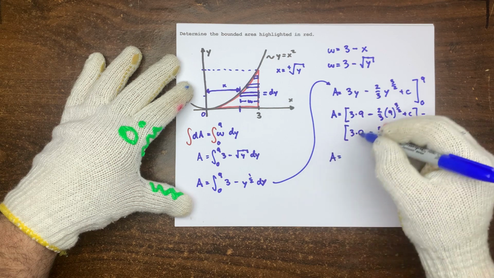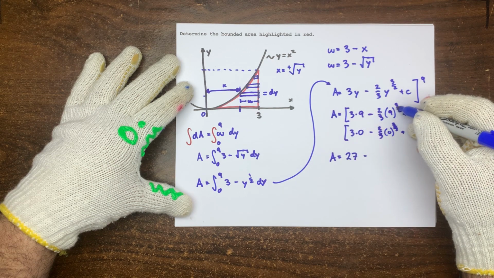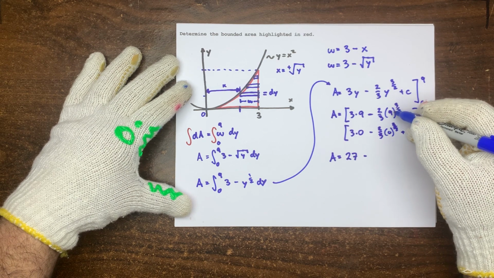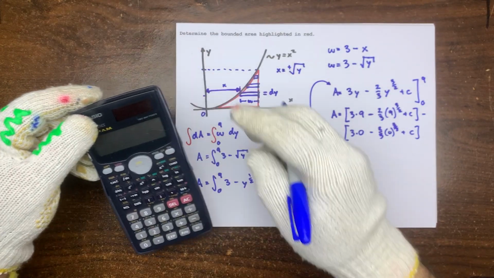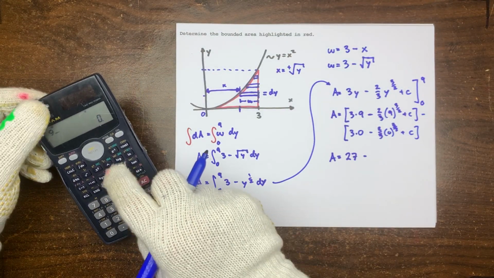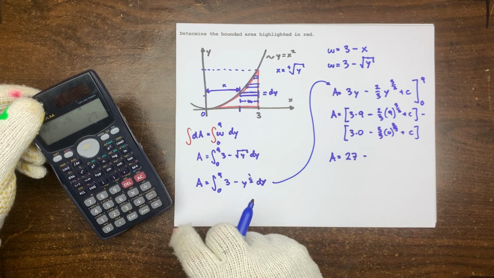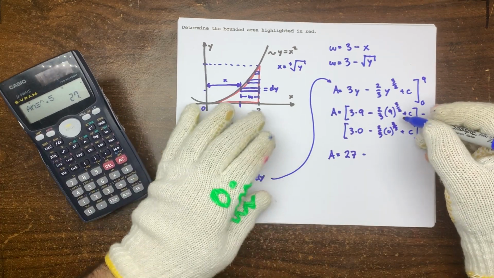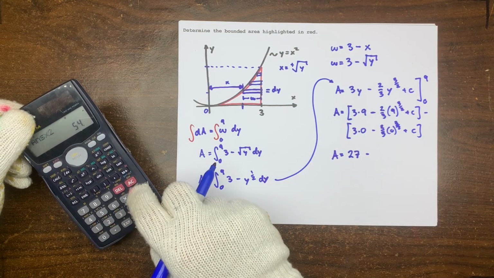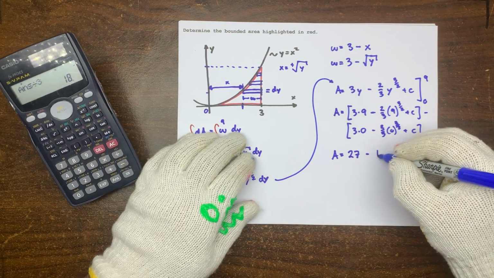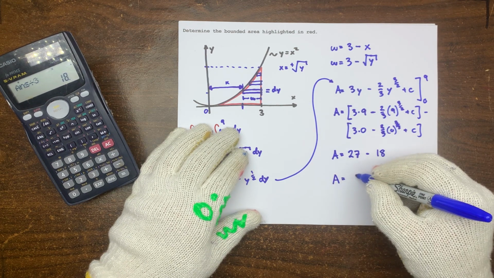So area is going to be equal to 3 times 9 is 27 minus, this one I might have to look up on my calculator, 9 to the power of 3 over 2. It's going to give me a whole number. I just don't know what it is. So 9 to the power of 3 to the power of 0.5. Okay, 27. So 27 times 2 divided by 3 is 18. So 27 minus 18, that's going to give me 9. So the area is equal to 9.